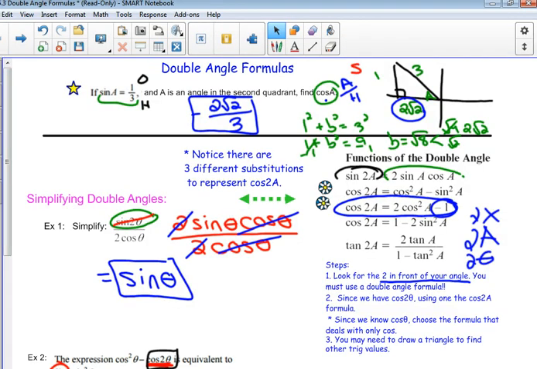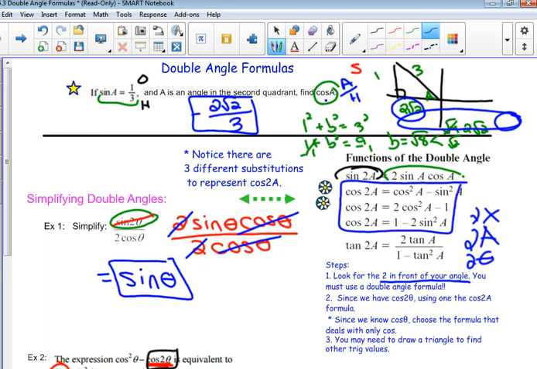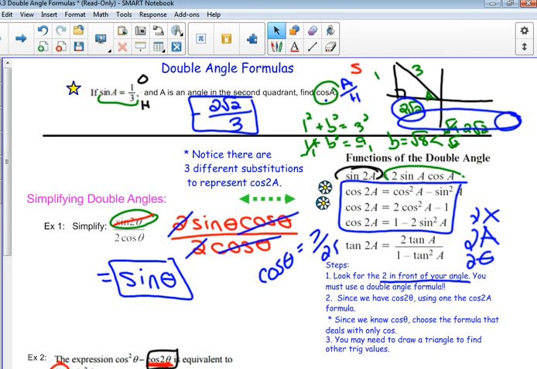You have 3 options for your formulas, right? If you only knew that cosine of theta was 7 over 25, which one of these 3 only uses cosine in it? The second one. So because they gave us only something about cosine, we're going to use the one that has only cosine in it. Right? Because they already gave it to you guys. You already know that part.